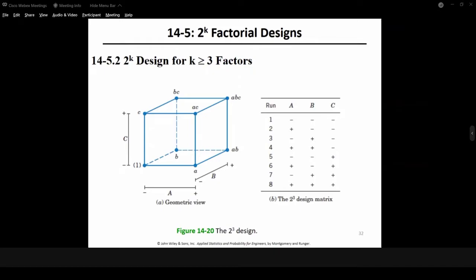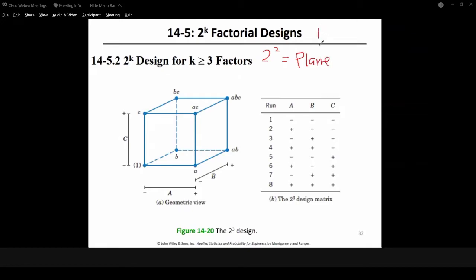Okay, 2 by 3, 2 levels. Let me recap. 2 by 2 is a plane, like a mirror.